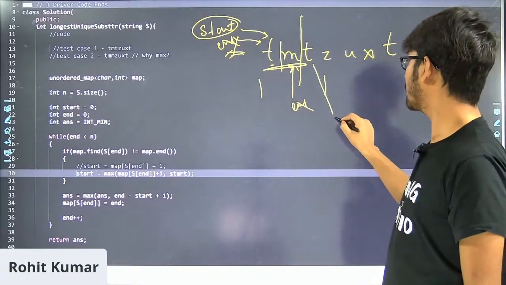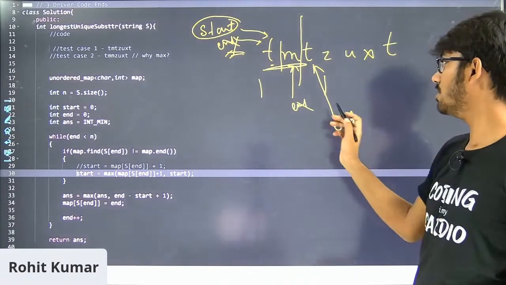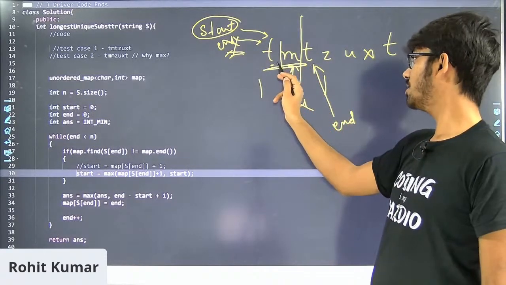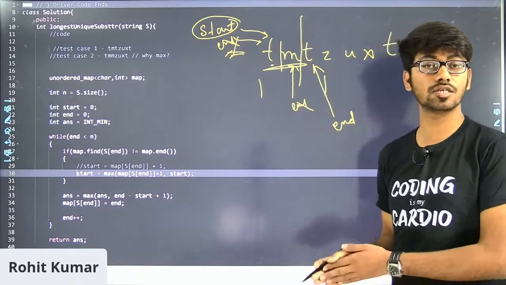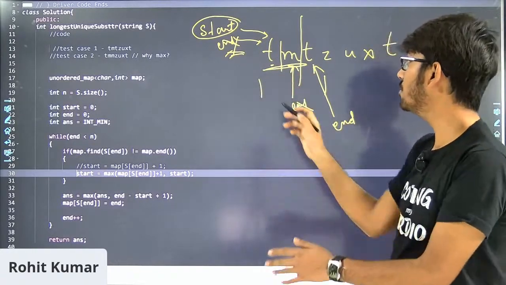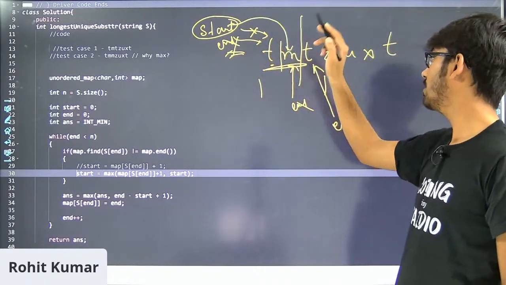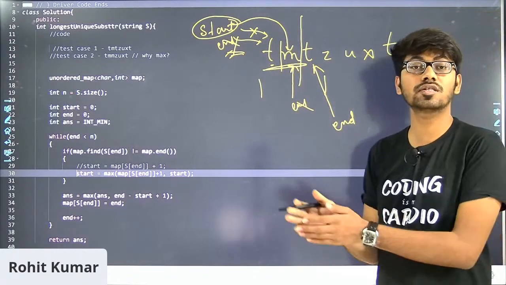Once you increment your end, it starts pointing to this t. You have one more t over here, so tmt is not a valid substring which has distinct characters. So you will shift your window, which means you will move your start pointer from here to this small m. This is how your window is sliding.